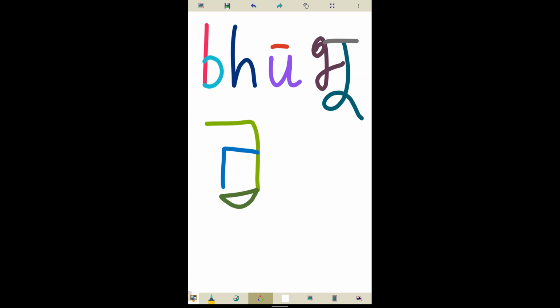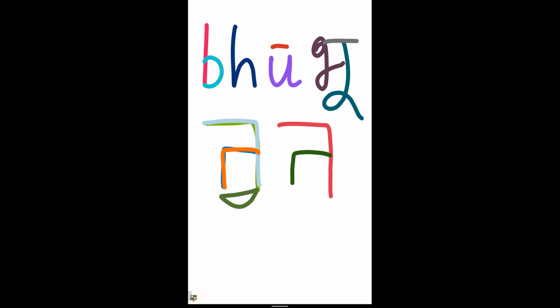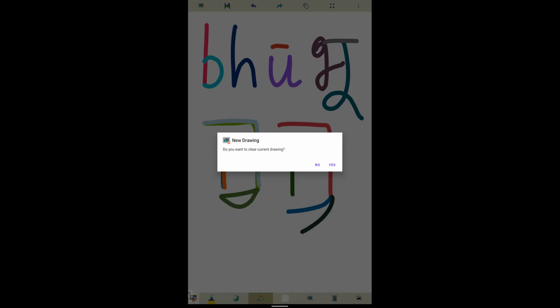So please, it is bha and bhu. The variant form is the same, but the ukara is different. See, it is open now. The two strokes are there on the bottom, but it is open towards the downward left. So this is bhu.